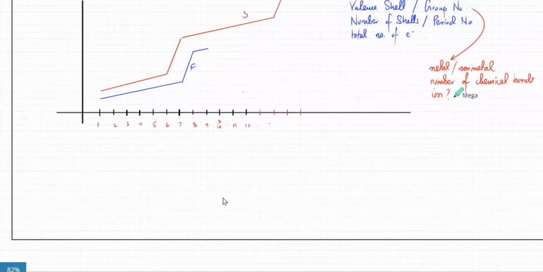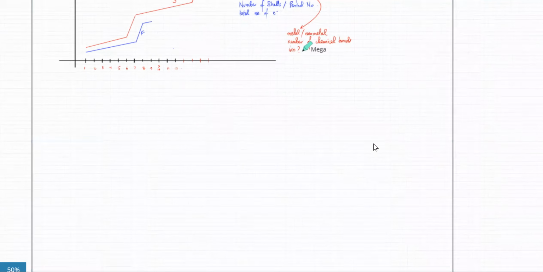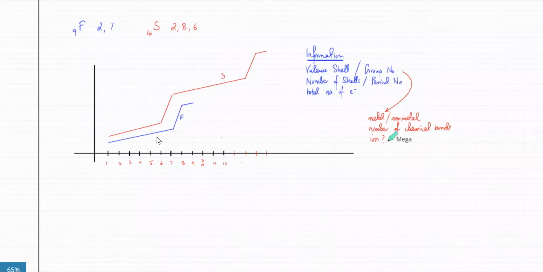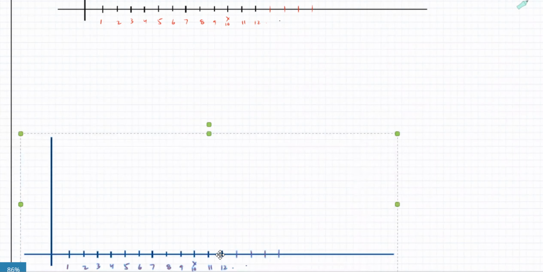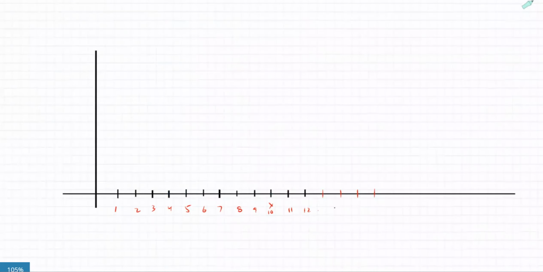So for example, I'll just make a rough sketch of another element, and this element looks something like this.